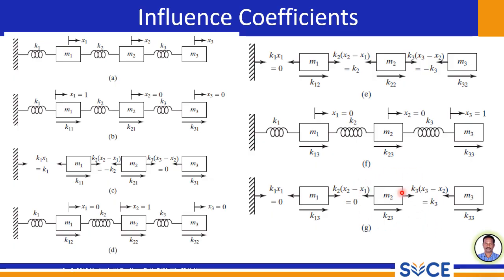Mass 2 requires a negative value, minus K3, but mass 1 is not disturbed by any force, so it is 0. By visualizing these scenarios, we can get a more intuitive grasp of what the stiffness influence coefficients represent: the forces needed at each degree of freedom to impose a unit displacement at a specific degree of freedom while holding all others fixed.